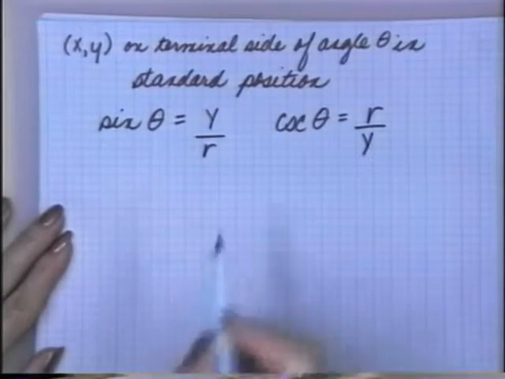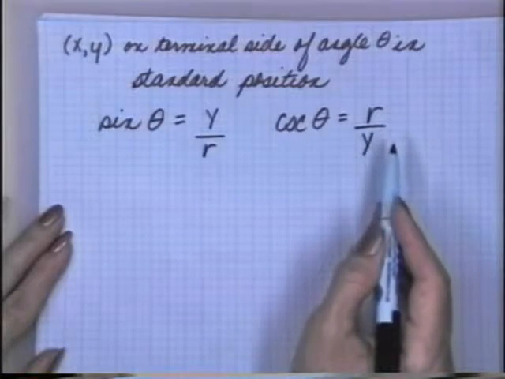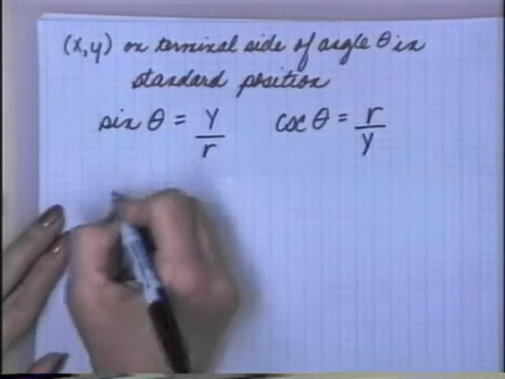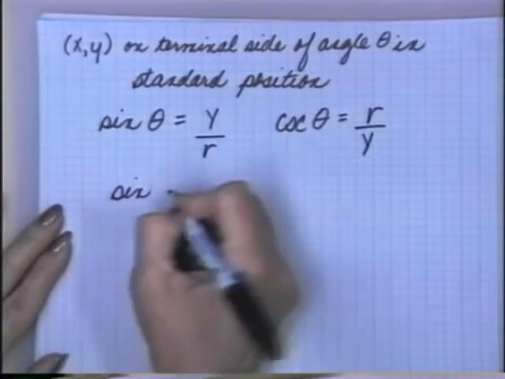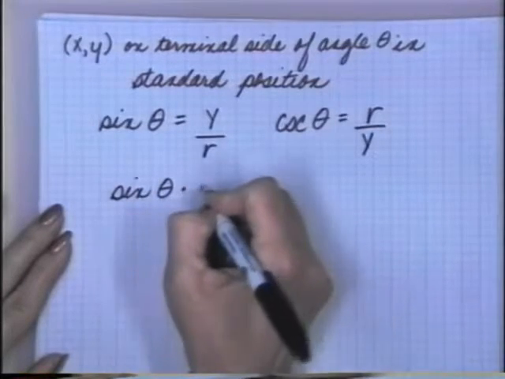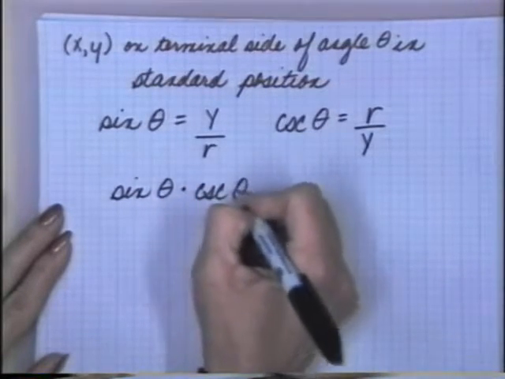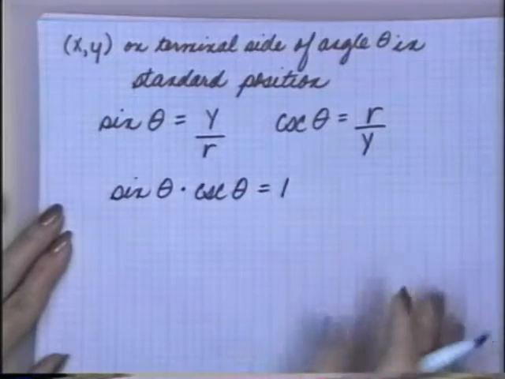Well, now we know that if we multiply reciprocals, we get 1, so we know that the sine of theta times the cosecant of theta equals 1.